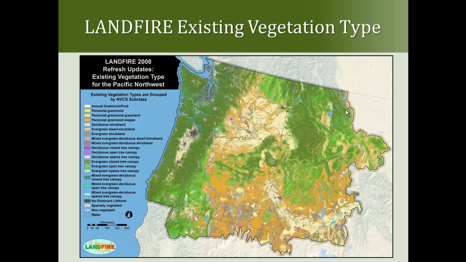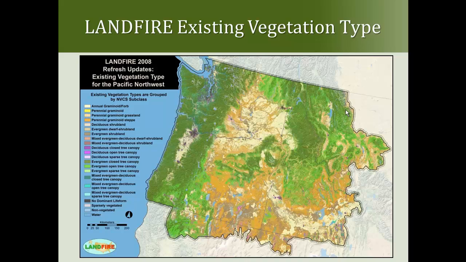We deliver the existing vegetation type data, and here's a representative map of that for the Pacific Northwest. I have mapped ecological systems or the existing vegetation type by the National Vegetation Classification System subclass.